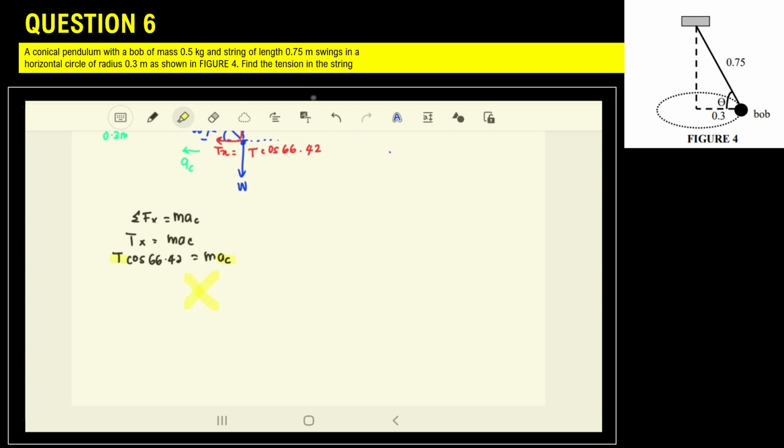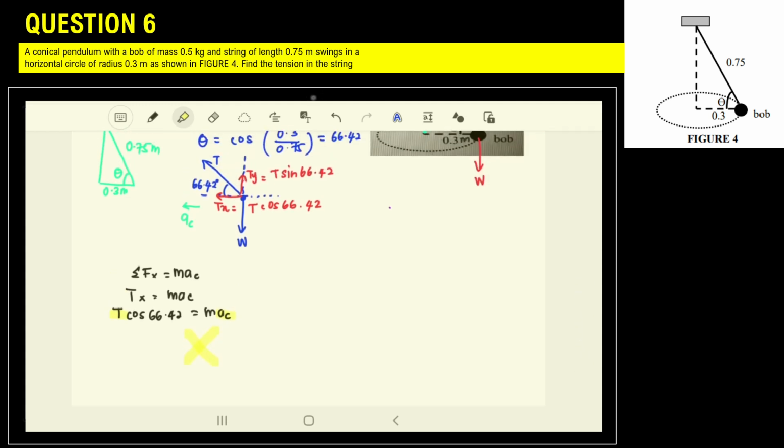So let's move to the y component, where total Fy must be equal to 0. Why? Because the object is moving in a horizontal circle, not moving in the y direction. So Ty plus negative W equals 0, where Ty is T sine 66.42, equal to mg.